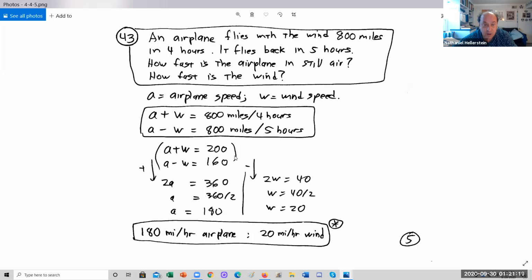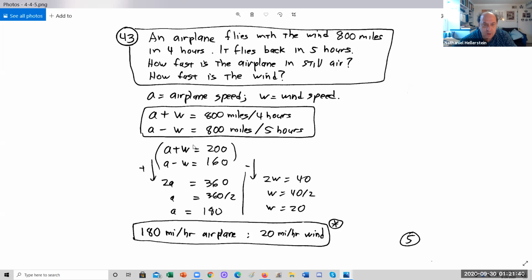All right, so here, simple enough. To eliminate W, we combine the equations by adding. Get 2A, W cancels. 200 plus 160 is 360. 2A is 360. Divide both sides by 2 and get A equals 360 over 2, which is 180. So A is 180.